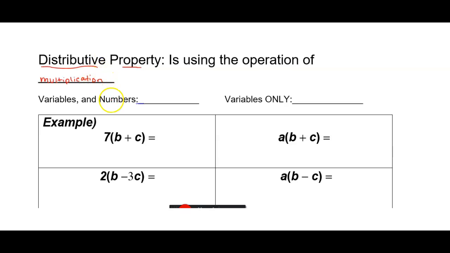The idea of distributing is called distributing because you actually are going to take something from the outside. Okay, so if we look at this example, we're going to take a variable or a number from the outside and we're going to distribute or give it to the inside. What Miss Bennett likes to call this is a song and dance.